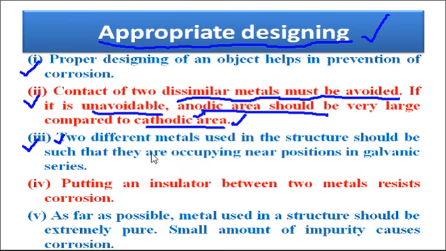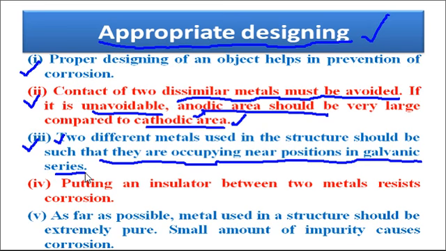That means the two different metals used in the structure should occupy near positions in the galvanic series, so that the electrode potential difference of the two metals will be less. As we discussed in our last class, as the electrode potential difference of two dissimilar metals is high, the rate of corrosion also increases.